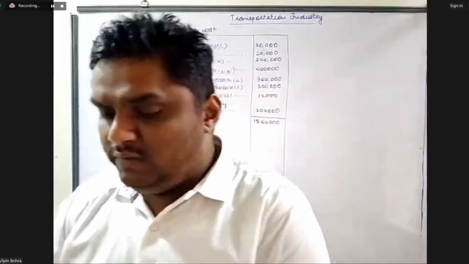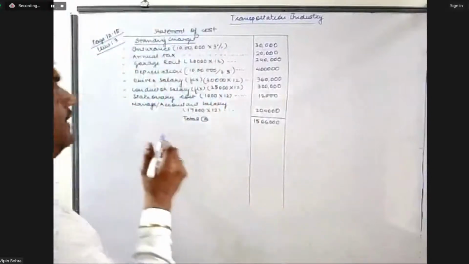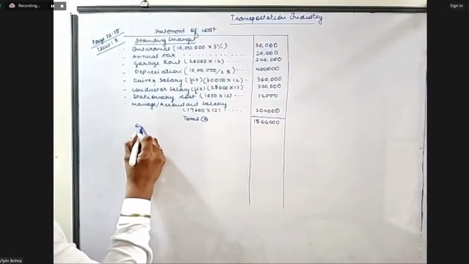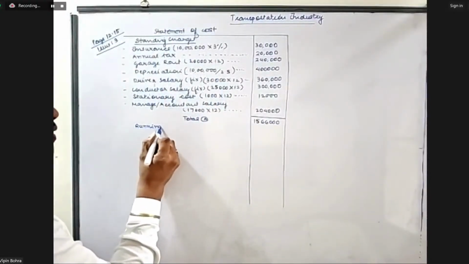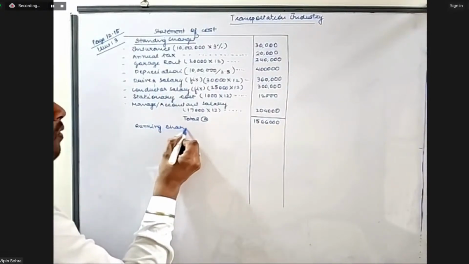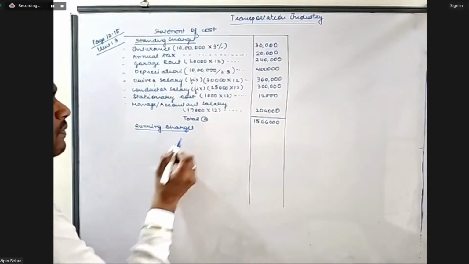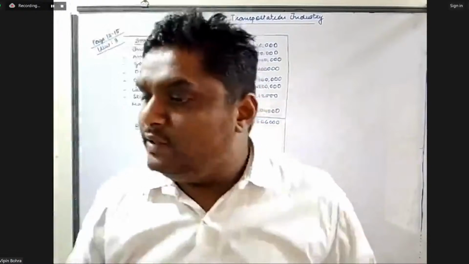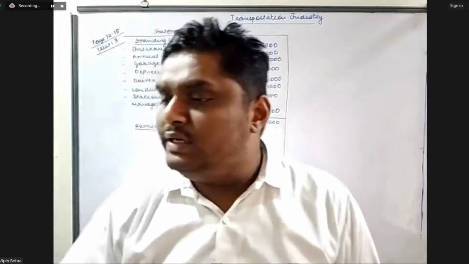Now let's start with the variable cost or running cost. Here the first cost is petrol and oil cost, and it is rupees 500 per 100 kilometers traveled.